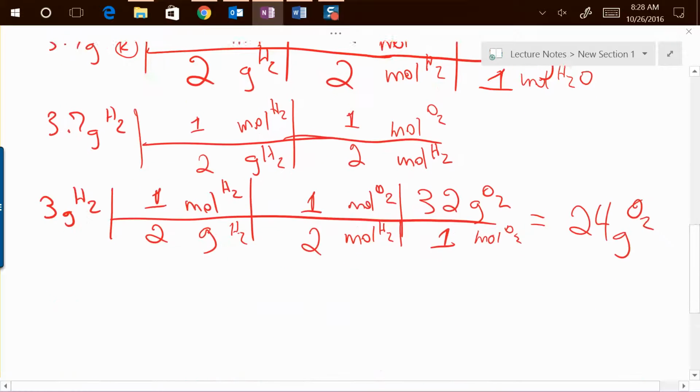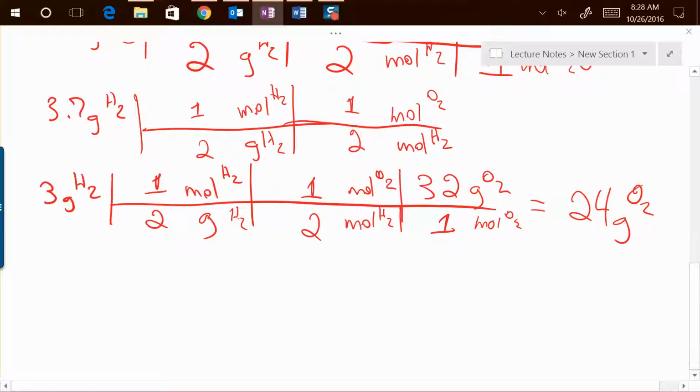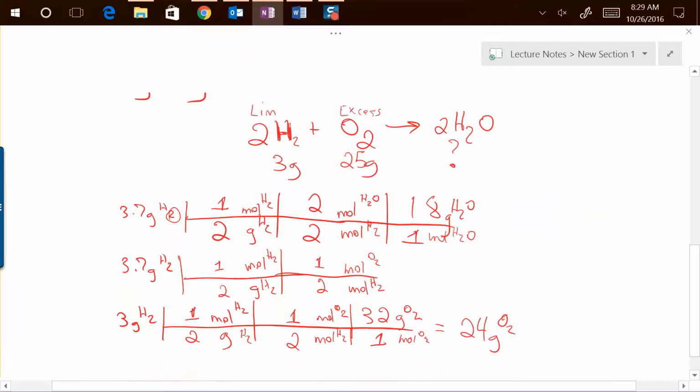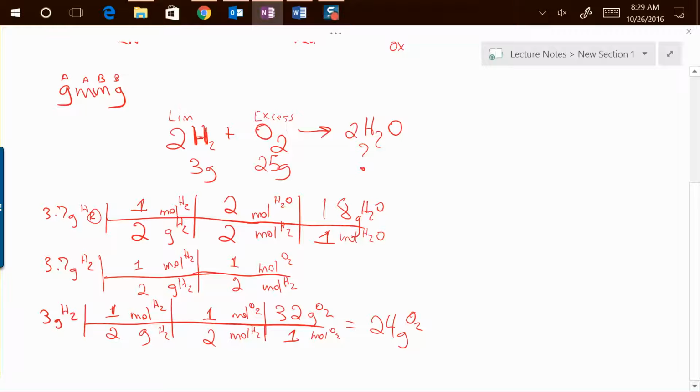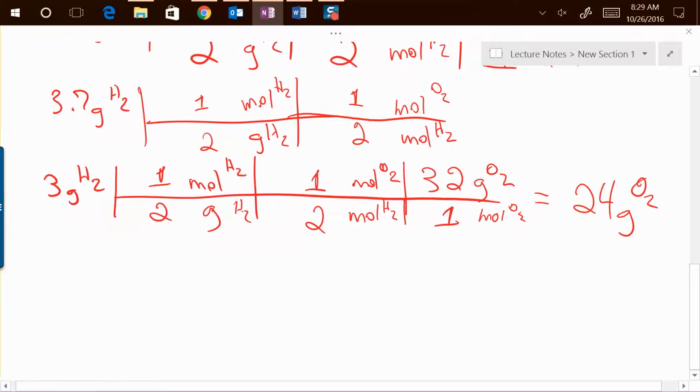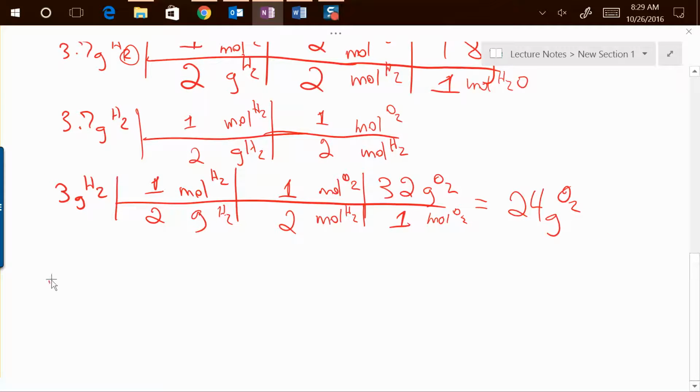Okay, so have I answered the question? No, not yet. How am I going to answer the question? Am I going to start with my 3 grams of H2 or my 25 grams of O2? 3 grams. Good. So I start with the 3 grams of H2 again.